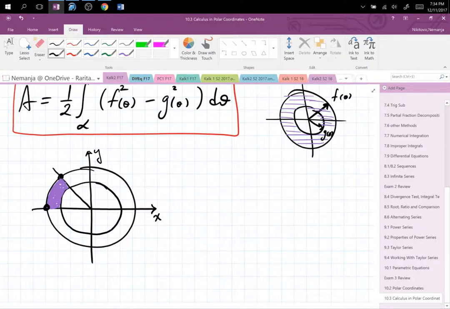So I appreciate your ability to see that whatever you get for this area here would be the same as if you calculated 0 to pi. But what I need now from you is to follow exactly what is shaded, with exact angles for your alpha and beta, so that you don't run into trouble in Calc 3 when you say, oh, it's symmetric.